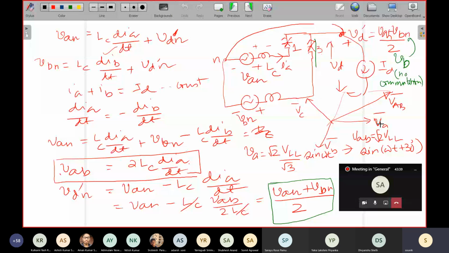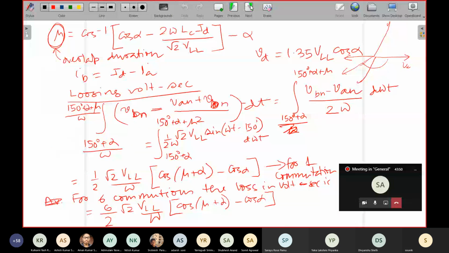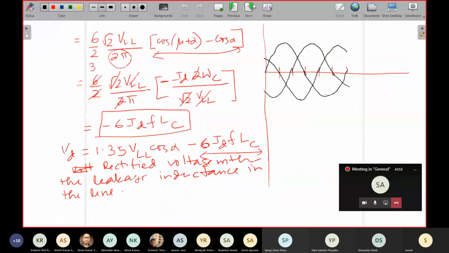So let us see what VAN plus VBN is. Let's go back to the page. VA is here, VB is there, VAN plus VBN is here, and divided by 2. So instead of getting a voltage of VB, whose magnitude is this, we would be getting a voltage corresponding to this calculated at the instant.